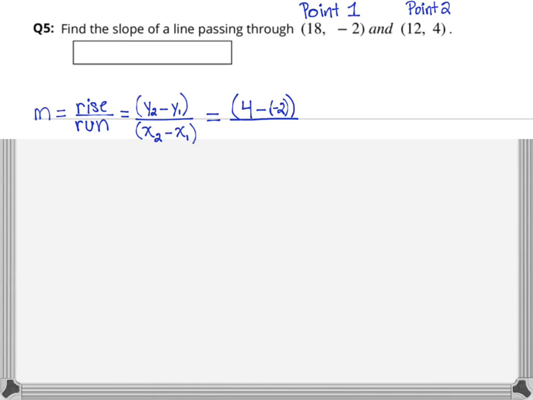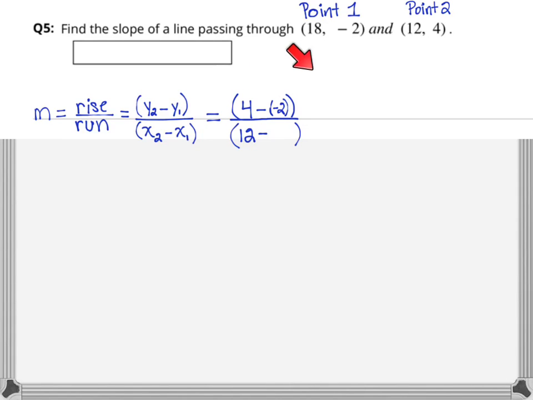Now I'm going to go to my run, to the bottom. So, the run is x2 minus x1. Well, we said that point 2 is here. The value of x for point 2 is 12. So I'm writing 12 right here, because that's x2. Minus, well, I'm subtracting x1.